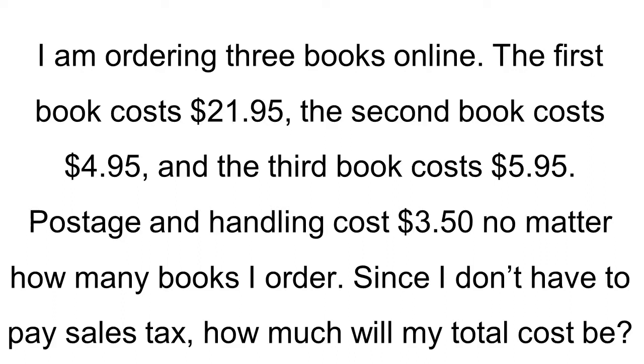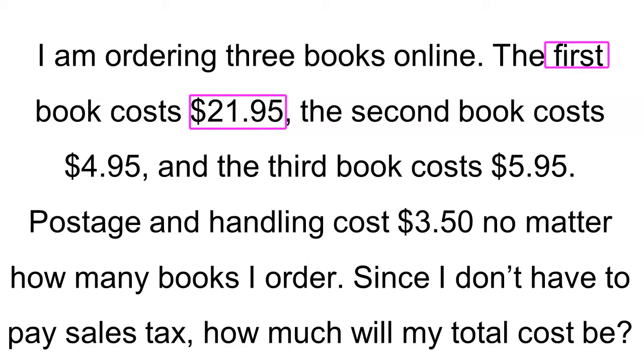So this word problem is a little bit wordy. It has a lot of extra details and information that we may or may not understand or even possibly need. So let's take a look at those quantities. So the first book costs $21.95.